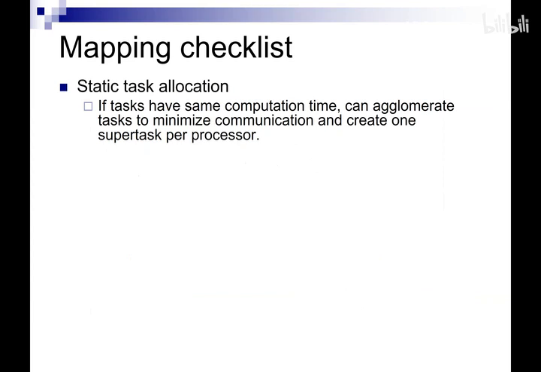So some things we want to achieve for our mapping. One thing is that we can do static task allocation. Here we want to figure out how to allocate the tasks to the processors.